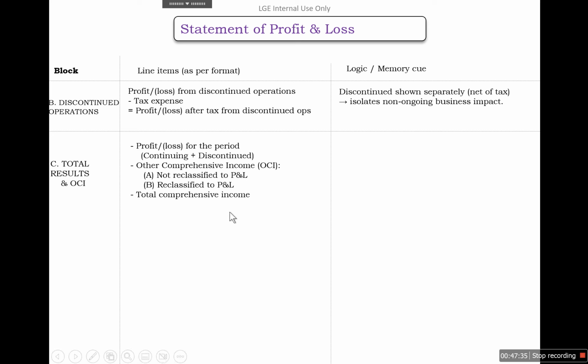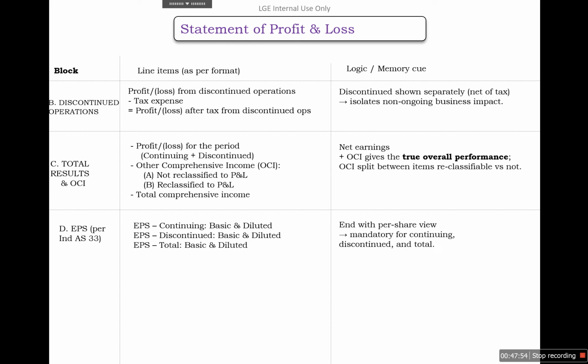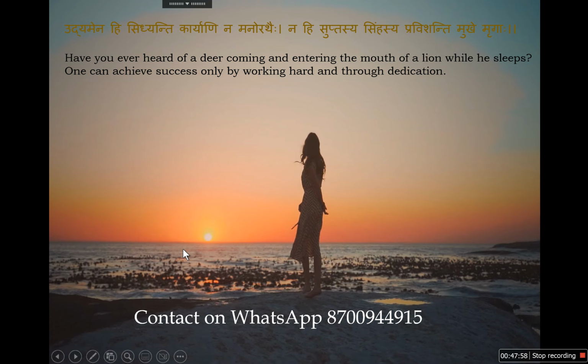So here total comprehensive income is presented. The logic is that earnings plus OCI gives the true overall performance, and OCI is split between reclassified and non-reclassified items. Next, we present the EPS from continuing operations, discontinued operations, and on a total basis.